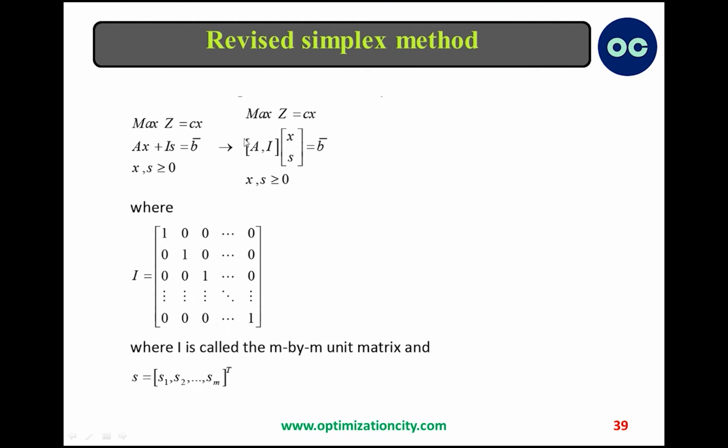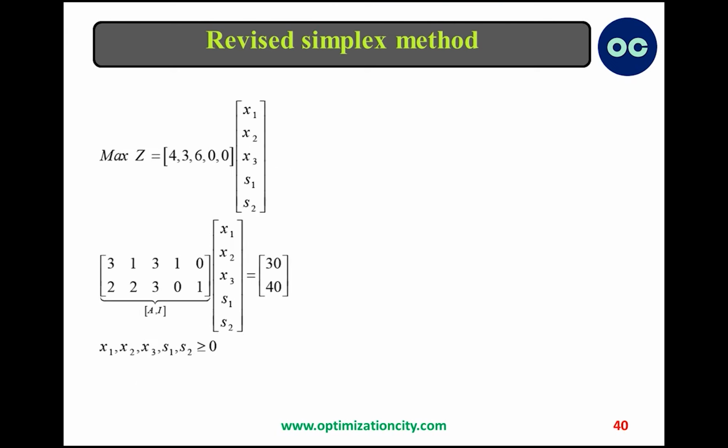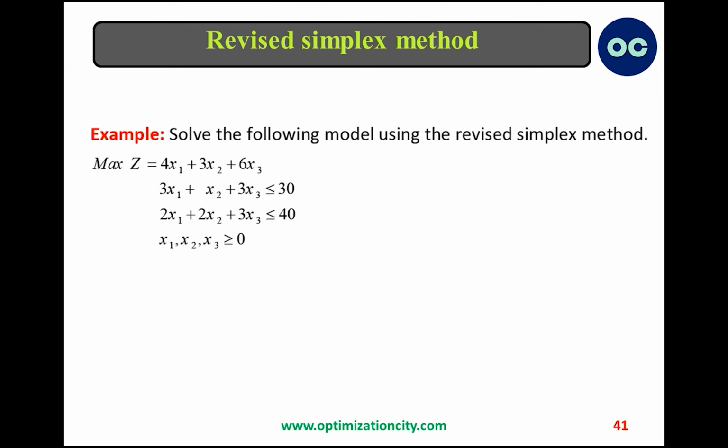So this is the matrix representation of the model with the less than or equal constraints. This is the general form of that model if you want to add the slack variables.